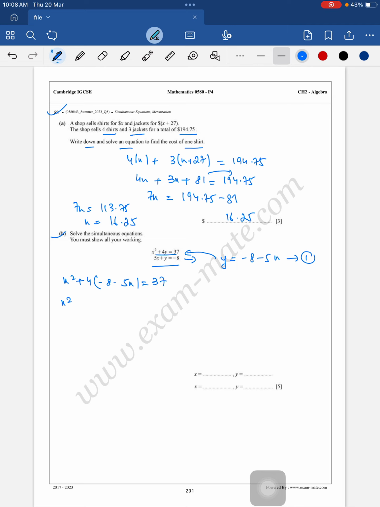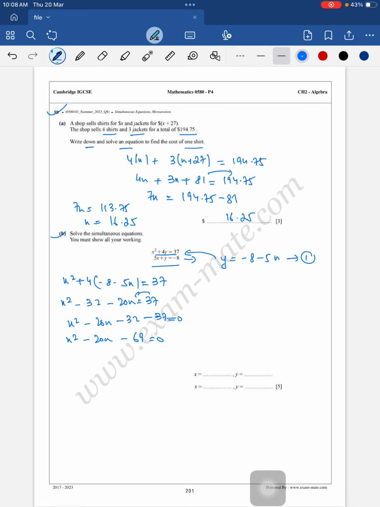So x squared minus 32 minus 20x is equal to 37. x squared minus 20x minus 32, and 37 I am shifting over here, minus 37 is equal to 0. So this implies x squared minus 20x, 32 minus 37, minus plus, so minus 69.